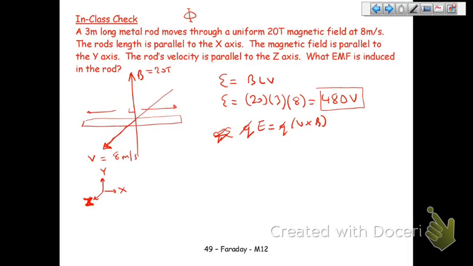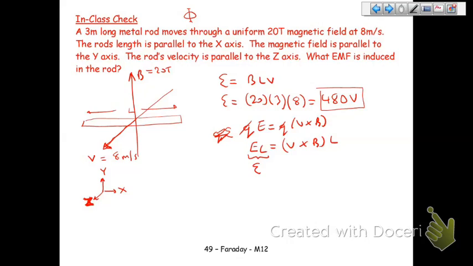And then we said EL is equal to V cross B times L. And then we said that EL was equal to V, or epsilon naught, the electric field times L.